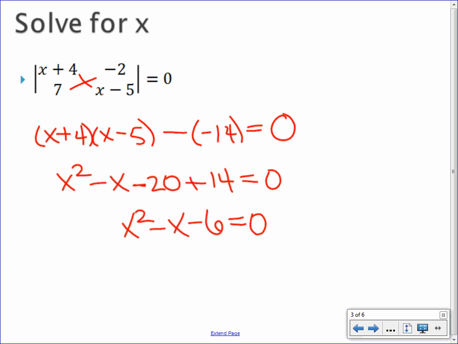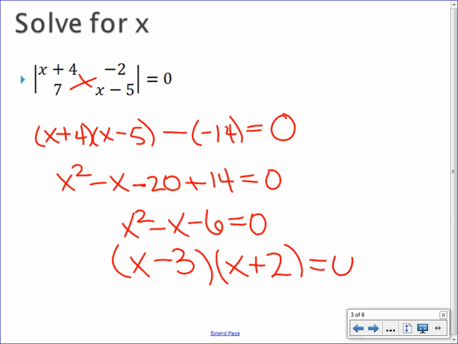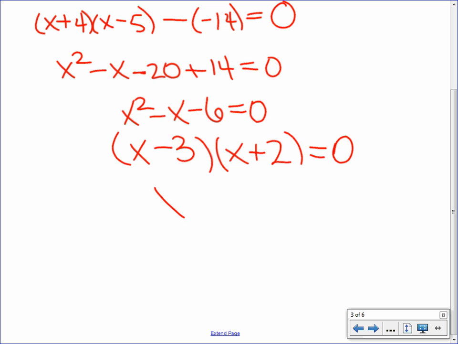This factors to x minus 3 times x plus 2, which means x equals negative 2 or 3.